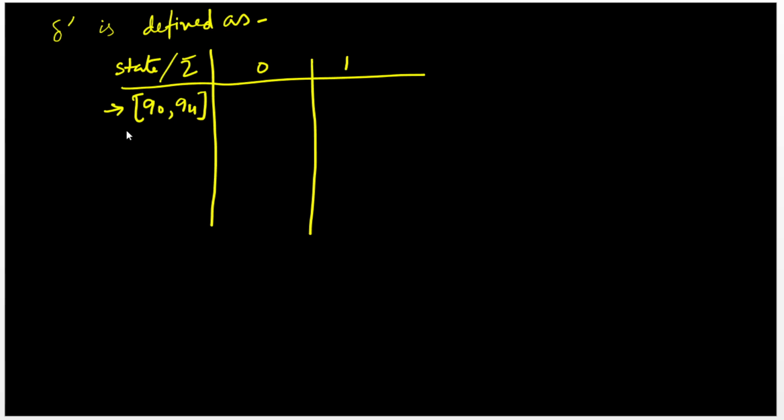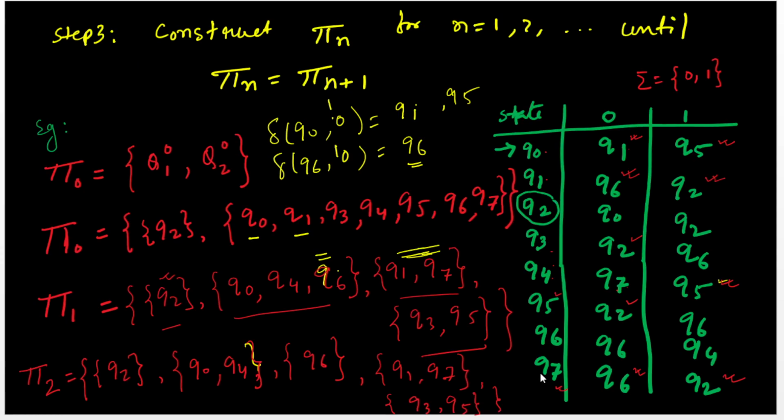So it will be q1 q7, and it will be q3 q5. Now from q1 q7, by taking 0 it will go to q6 and by taking 1 it will go to q2.